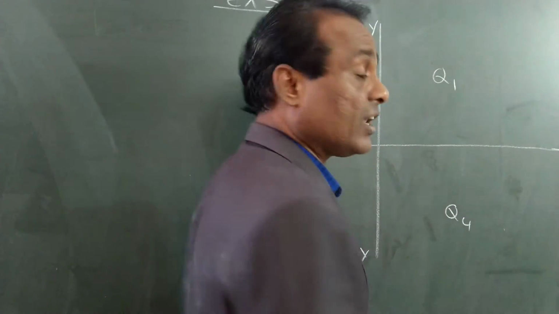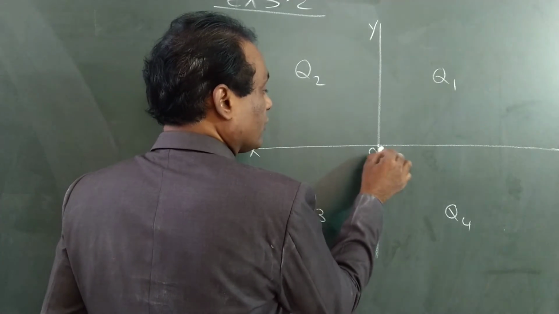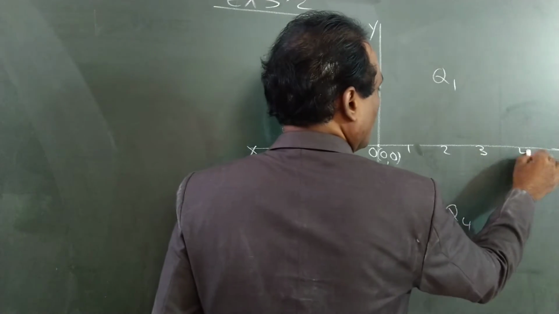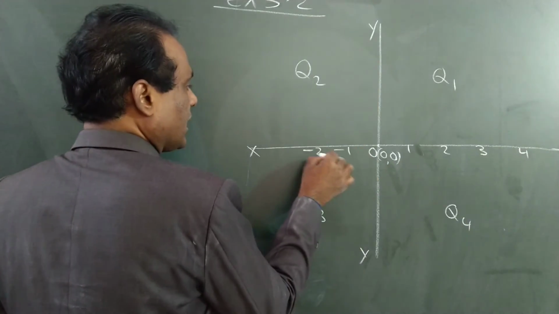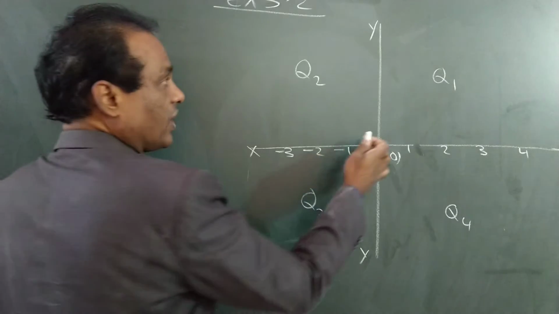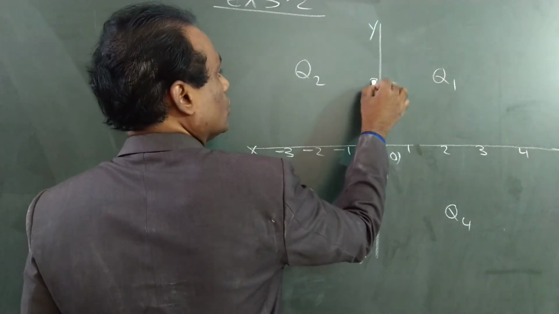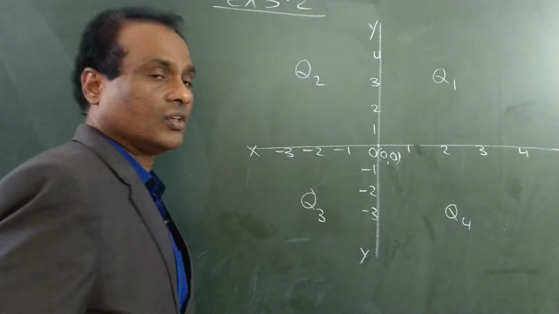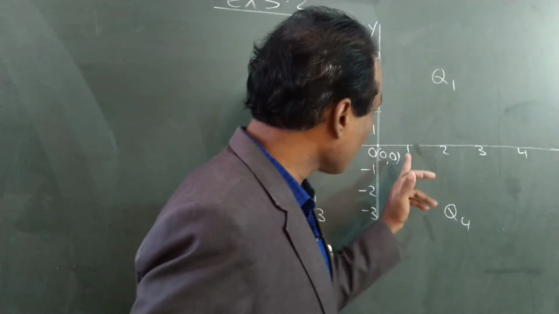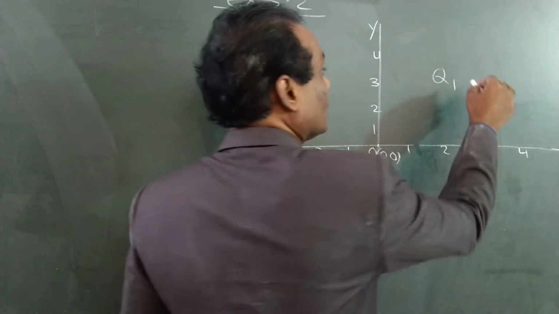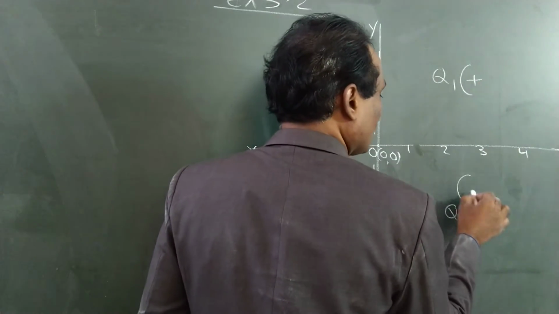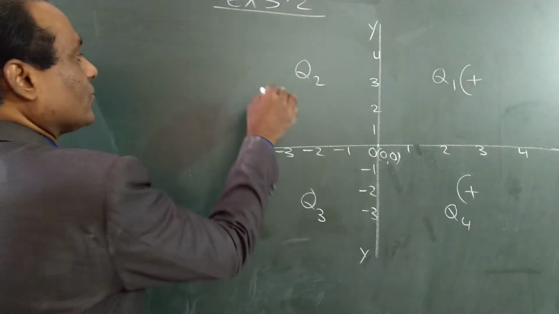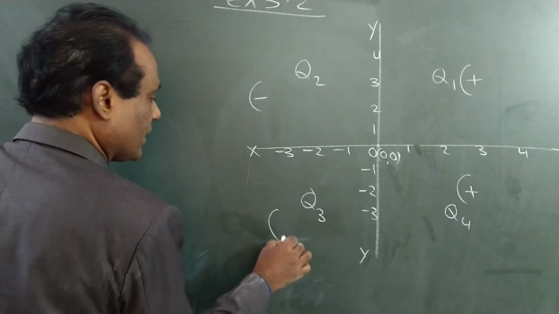This is the origin, so this is (0, 0). This side x values are positive: 1, 2, 3, 4. Minus 1, minus 2 on the other side. The y values here are 1, 2, 3, 4, minus 1, minus 2, minus 3, like this. So on this side x values are positive, and on this side x values are negative.